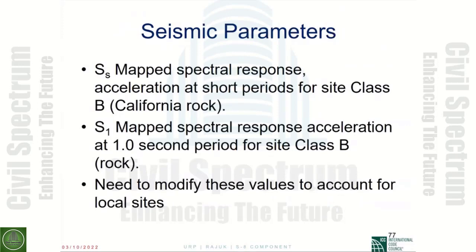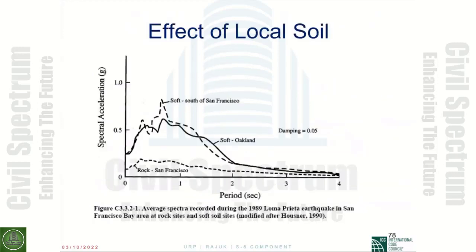So these are the maps, and what you want to do is modify them to be able to account for the local sites. And why do we need to do that? Here is what we have measured. The horizontal axis is the period, and the vertical axis is the spectral acceleration.